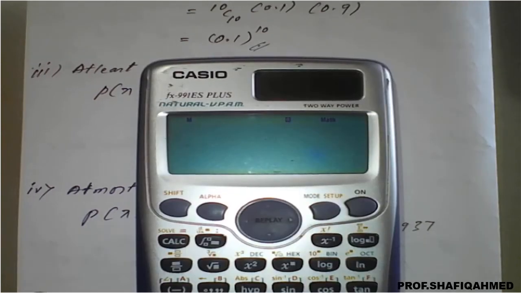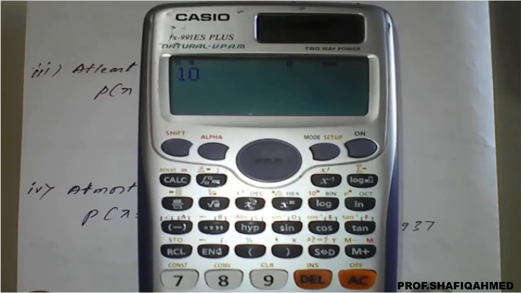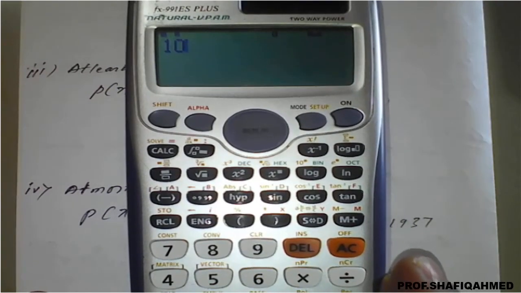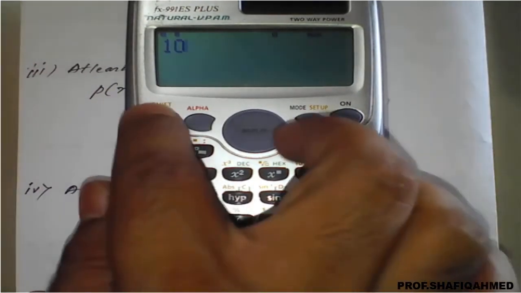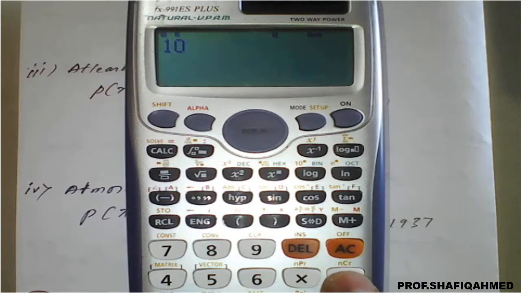I will show you here how to prepare the formula on the calculator. We have n value as 10, so press 10, then shift and the division key, you will get the combination option, nCx.